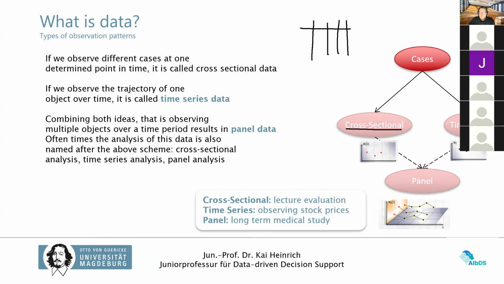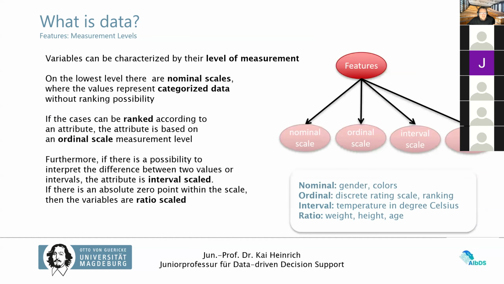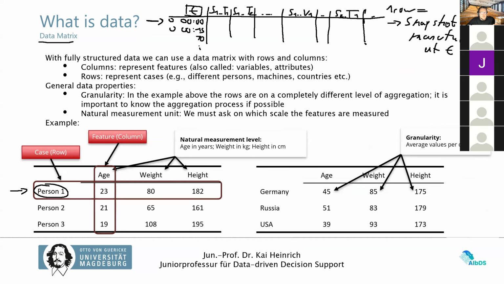Now, time series means we have data that goes over time of one object. For example, this could be stock prices. And panel data is usually like a combination, but this is more of a statistical thing. But usually in machine learning, we have some sort of this. For example, in the example that I had here, we have time, and we have multiple stations over time, right?